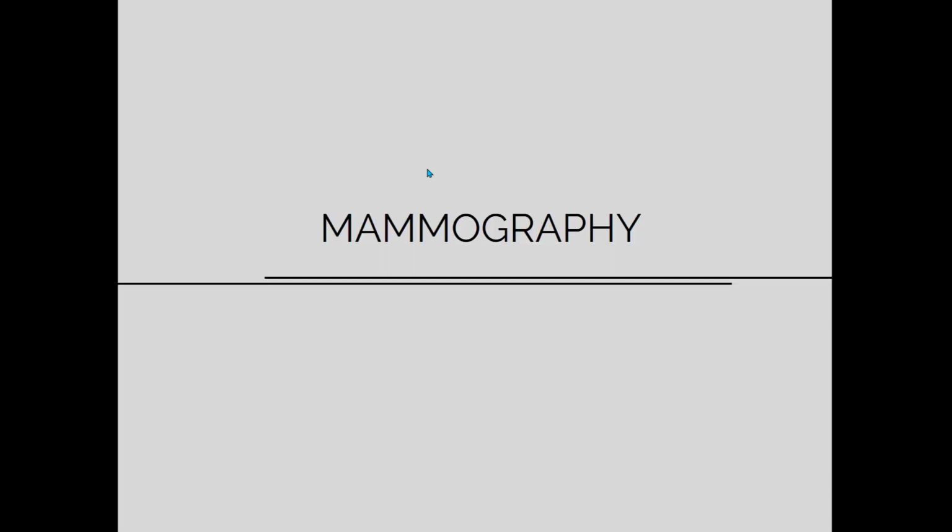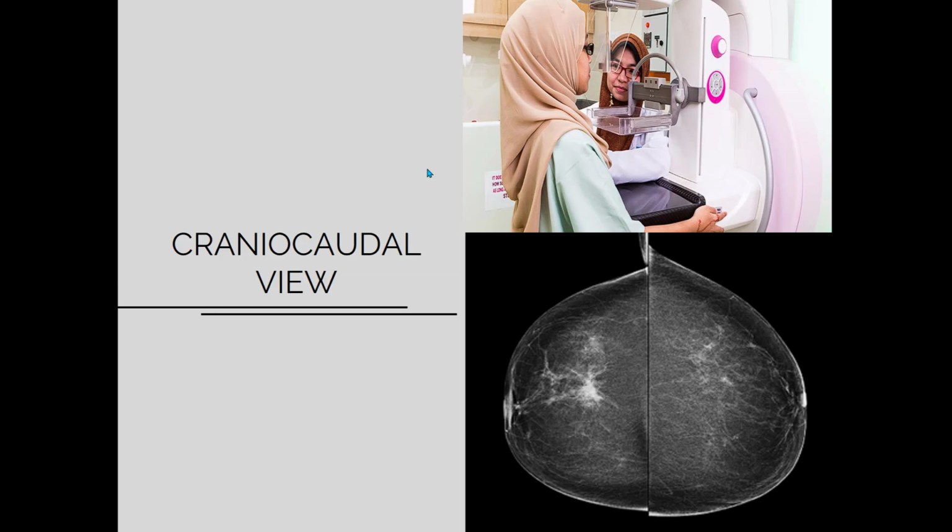In mammography you have to mention the view. This is craniocaudal view. How can we say it is craniocaudal? The breast tissue is placed here and then pressed from above down, and the picture is like this.